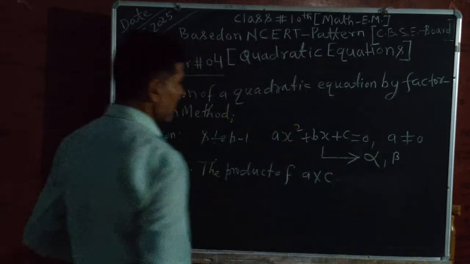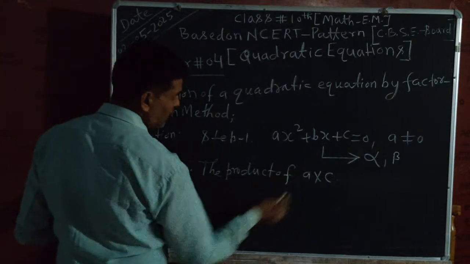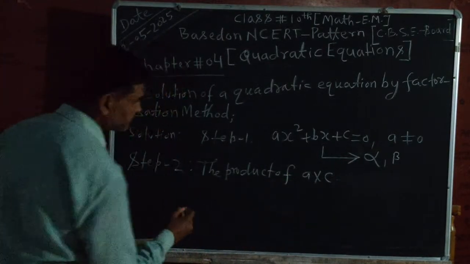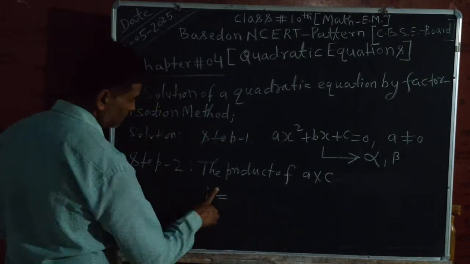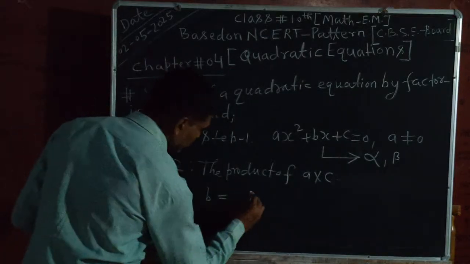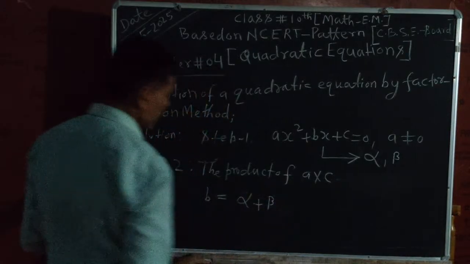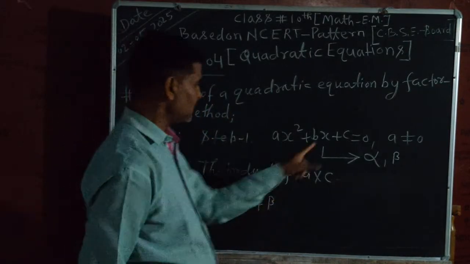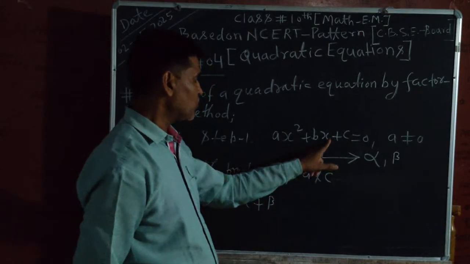Then again, after taking it, I will make the factors. That factor will be b, which is equal to the sum of the products. The product I will say is alpha into beta. Alpha into beta. This will be the coefficient of x, where b is also known as the coefficient of x.